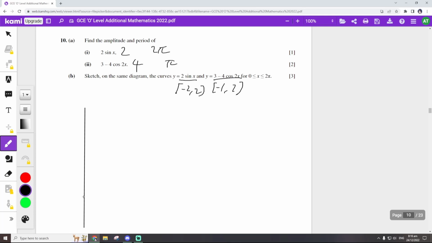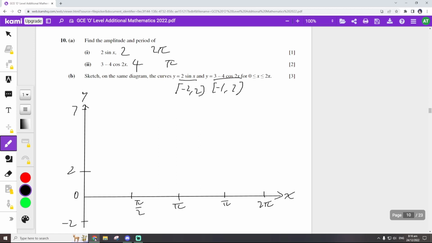Let me put the axis a bit lower. Minus 2, 2, 7. And this is the y-axis. Okay. So sine starts from the origin. And let's call 2 pi over here. In that case, pi is over here somewhere. This is pi over 2.